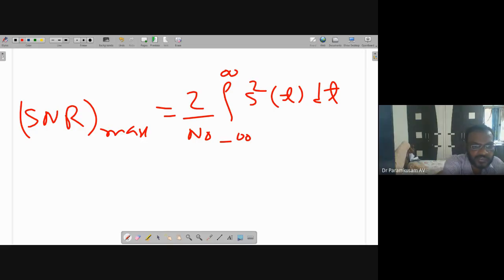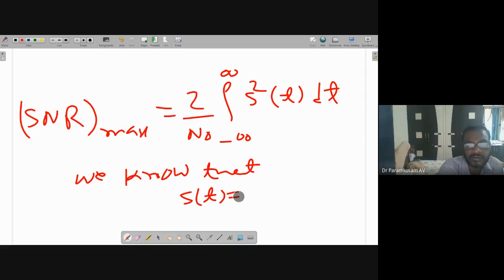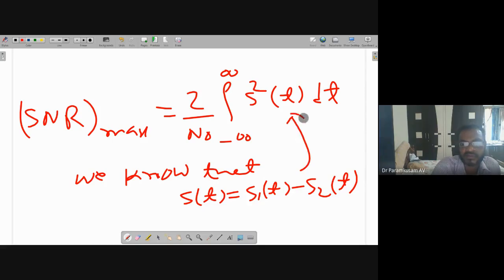But we know that s of t is equal to s1 of t minus s2 of t. You substitute this equation here. Then what will you get?